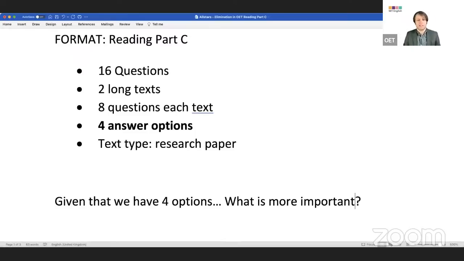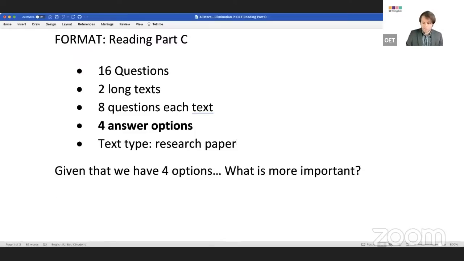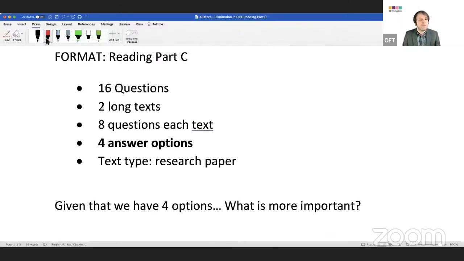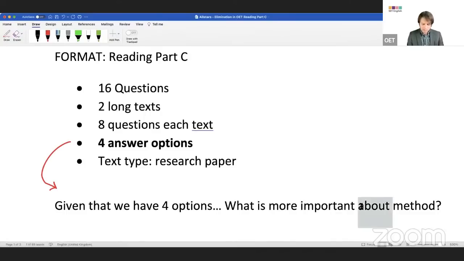I'm not expecting everyone in this class to be able to answer this one, but have a think anyway. Given that we have 4 options in the test, let me give you a bit more of a clue. What is more important about method, or technique? Think about it.